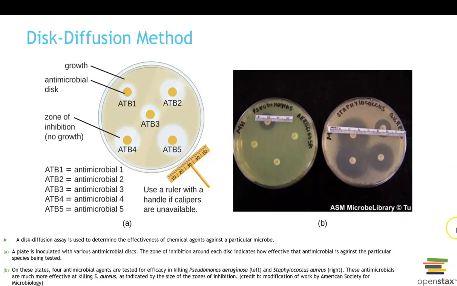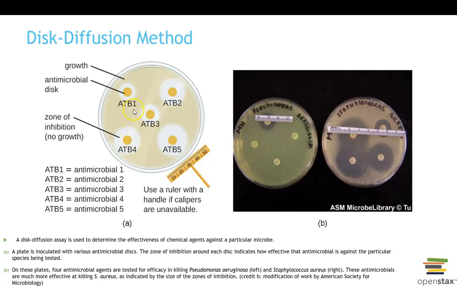You can see it here. First we culture the bacteria, to see how these controlling or disinfecting agents affect the bacterial growth. Then we soak these small discs with different antimicrobial agents, and they usually have labels, so we purchase them, or you can prepare them yourself.